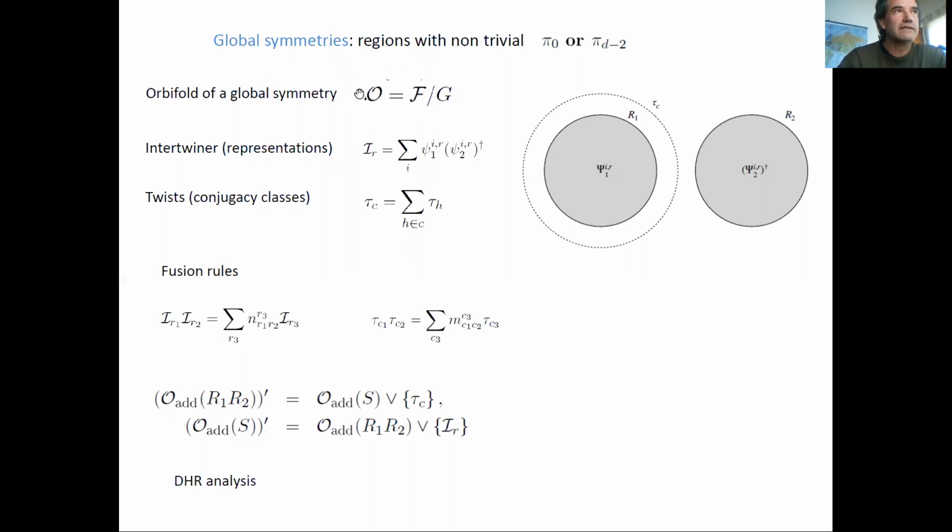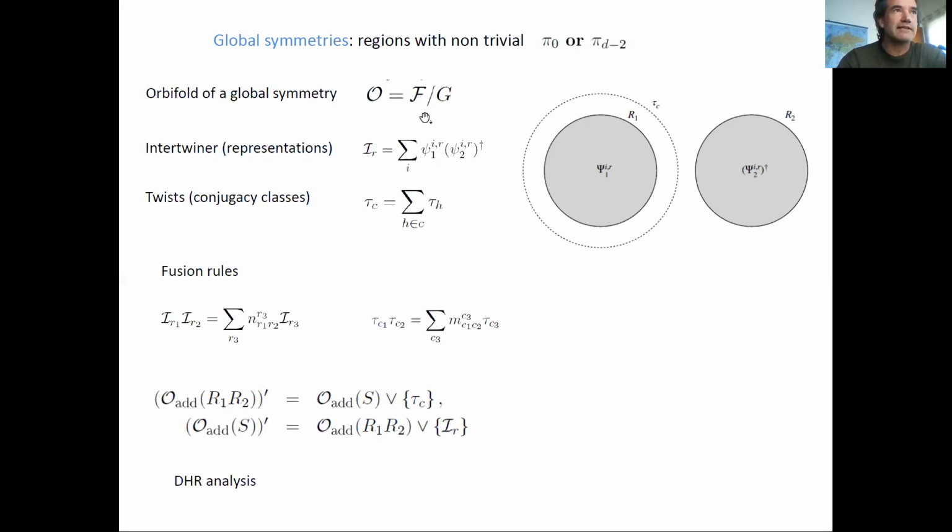And also, this other theory is more natural from the observational point of view, because in a laboratory, you cannot have an operator, for example, that violates the baryon number. All your operators will respect the baryon number. So really, the local algebras, the local operators that you can produce in the laboratory are these orbifold things.